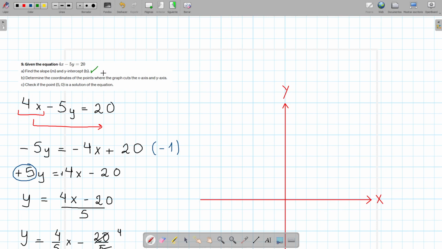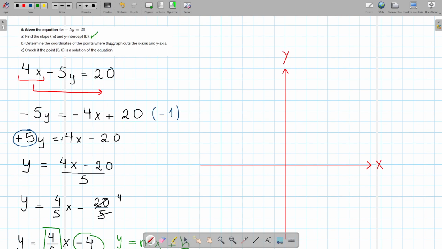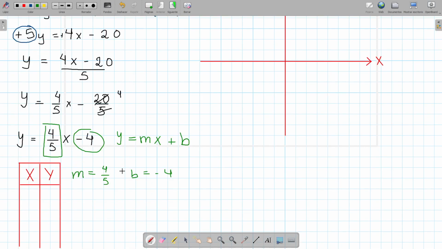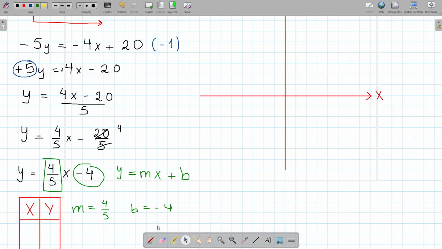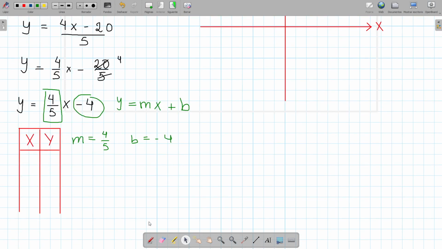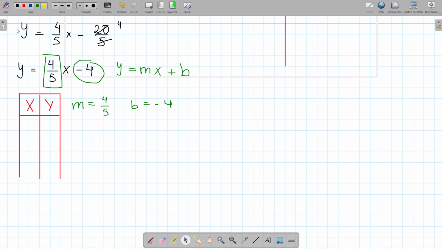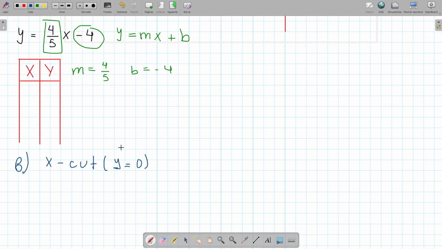For the second one, we have to determine the coordinates of the points where the graph cuts the x-axis and the y-axis. So, in order to do this, what we are going to do is the following. When we want to find the cuts, this is B. For the x cut, we have to make y equals 0.